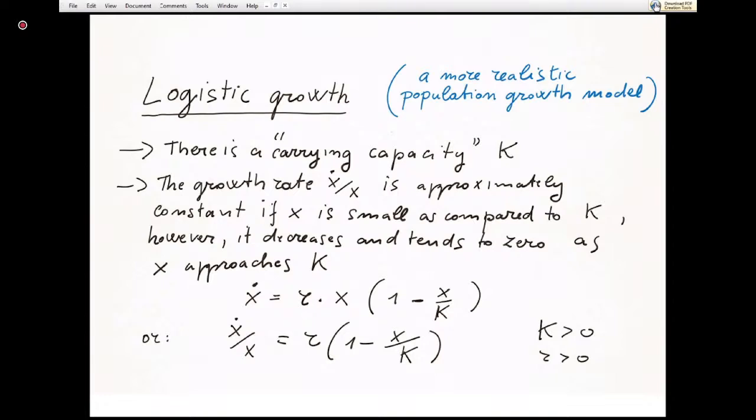In this case, it is a more sensible specification of the evolution of the population. There is again a carrying capacity K, which is basically the maximum level of the population due to exogenous environmental constraints.